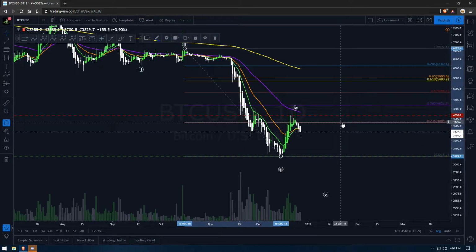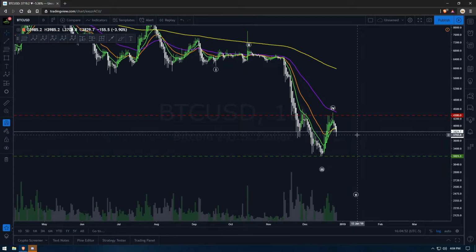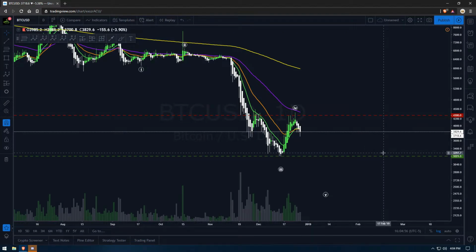However, in crypto, normally wave 3 is always going to be extended. We find that that's the case for the majority of impulse waves that we see here. So for purposes of this video, I'm only going to go into the length of how it's given here.